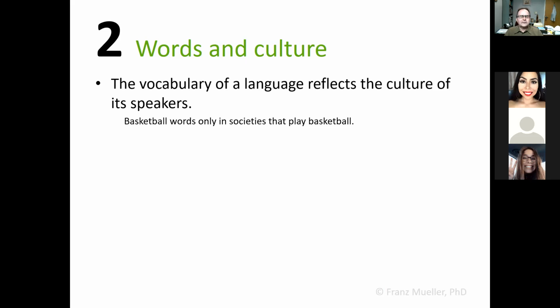Basketball words exist only in societies, in cultures that know about the game of basketball. Similarly, philosophical terminology only exists in societies that do philosophy, that are interested in philosophy.